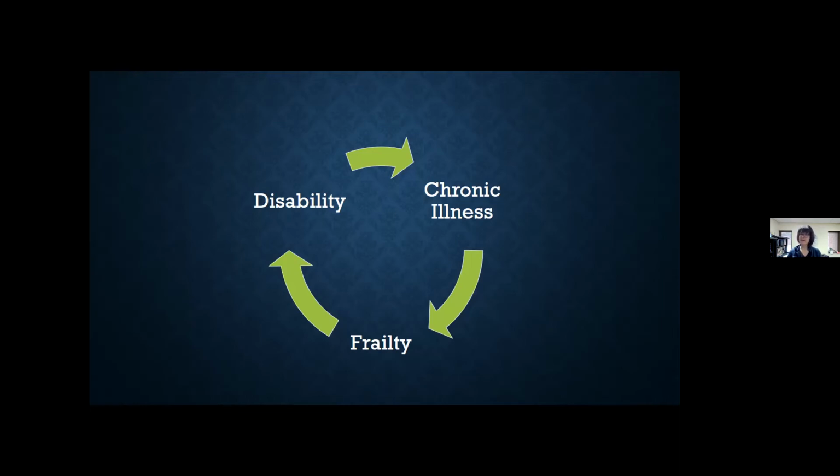And so now they're frail, they're exhausted, they're weak, they're losing weight, and now they don't really have the energy or ability to continue to do their ADLs or their IADLs like they did in the past. So they develop that disability, they restrict their activity and engagement in the outer world more, become more socially isolated, so they become more frail, and you can see how the cycle kind of starts.